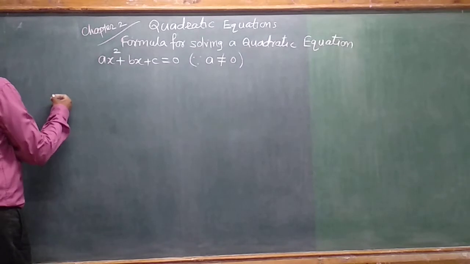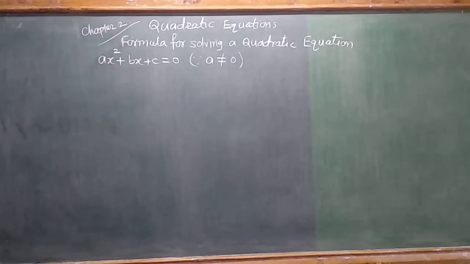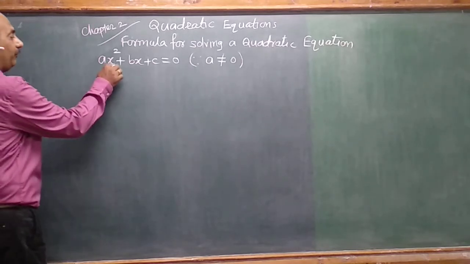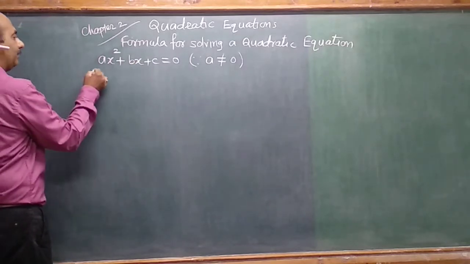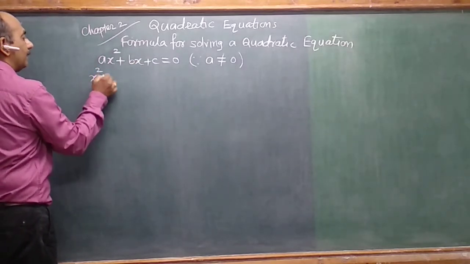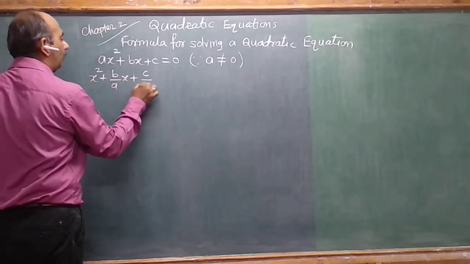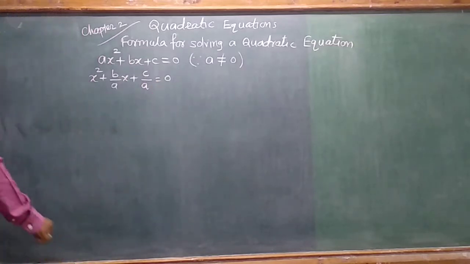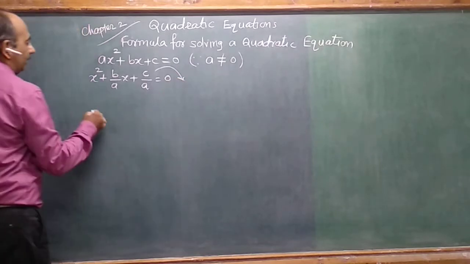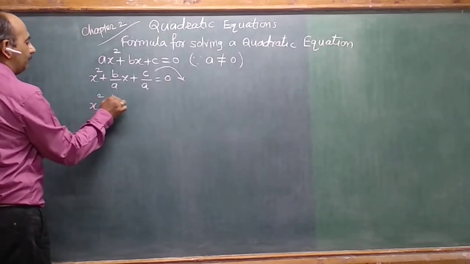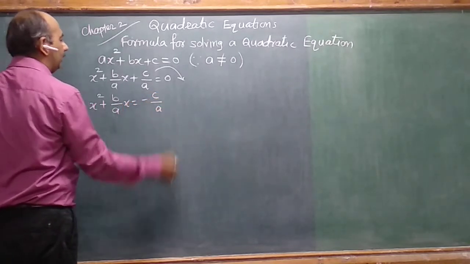So coming to this quadratic equation, as I said, this is the standard form. Here the coefficient of x square is a, so divide both sides by a, therefore x square plus b upon a x plus c upon a is equal to 0. Now transfer this c upon a to the RHS, therefore x square plus b upon a x is equal to minus c upon a.